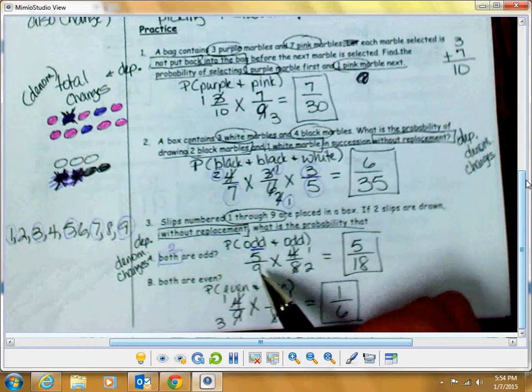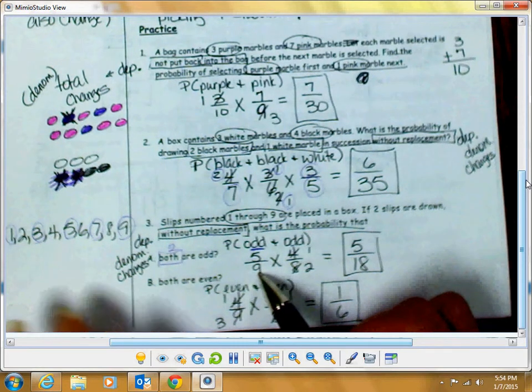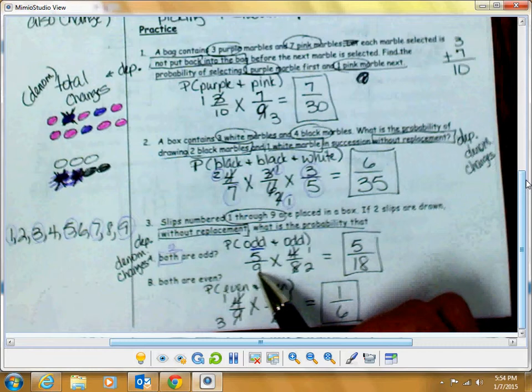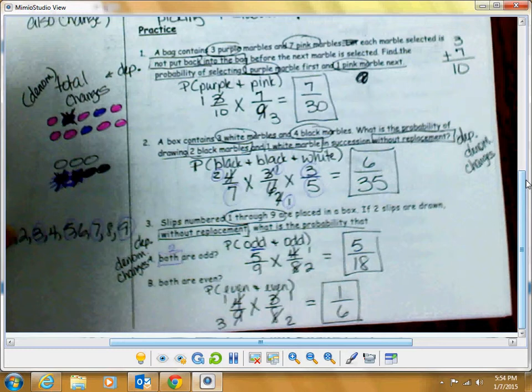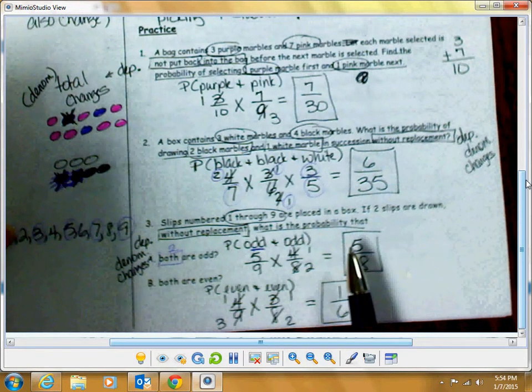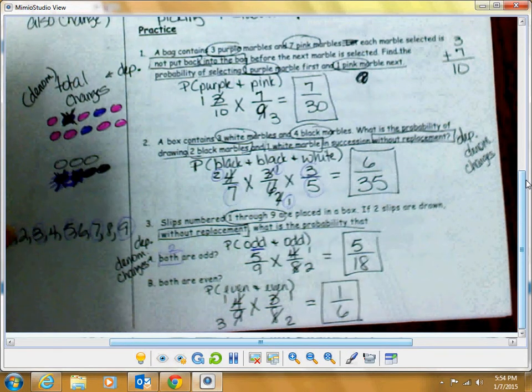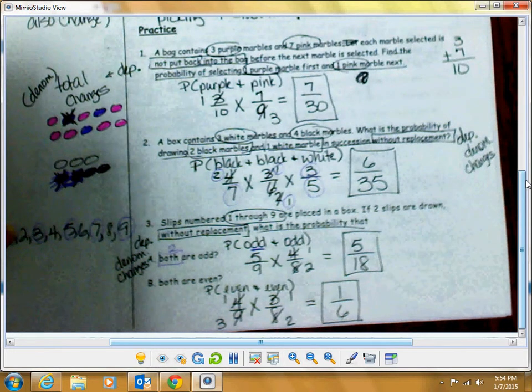That's 5 numbers circled out of the total 9. If I pull out one of these odd numbers and I don't replace it, the second time around I only have 1, 2, 3, 4 left, and there's only 8 numbers left now.